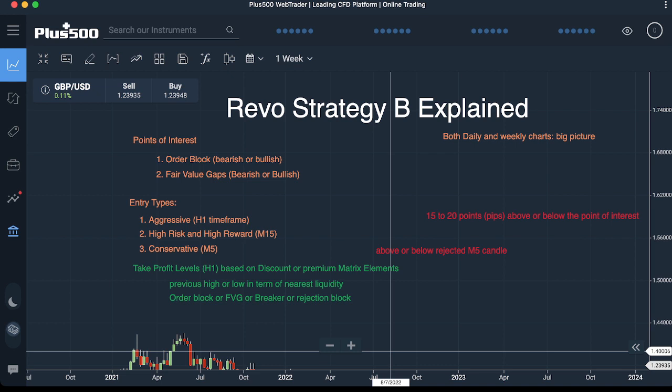The main thing, which is the big picture, is the daily and weekly chart, and as I said in the last session, we are going to find important levels which are points of interest for this strategy based on the recent price action.